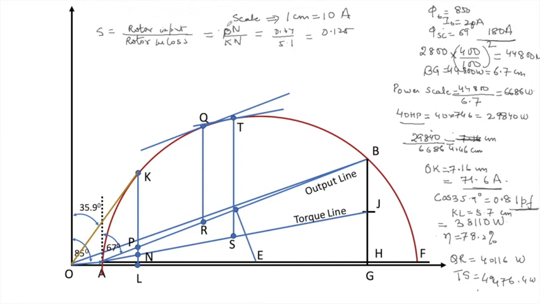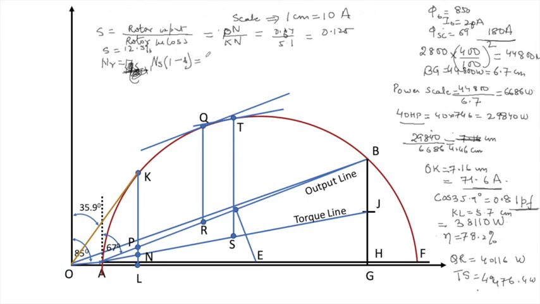This is Pn divided by Kn, and that comes out to be 0.64 divided by 5.1. So your slip is equal to 12.5%.